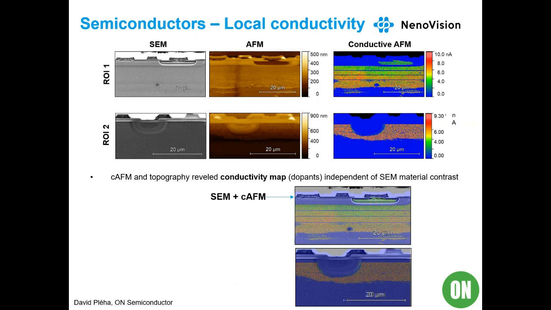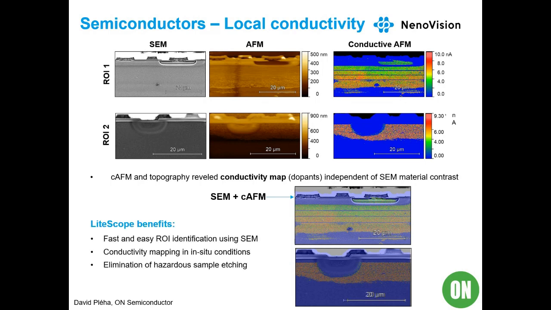So by the end of the day, we are able to extremely precisely localize certain features using SEM and then electrically characterize them using conductive AFM. The conductivity maps are reciprocal to, or tell us something about, the dopant concentration, or can be used in a similar way to localize the current leakage, for example.